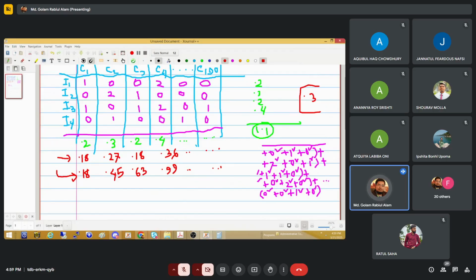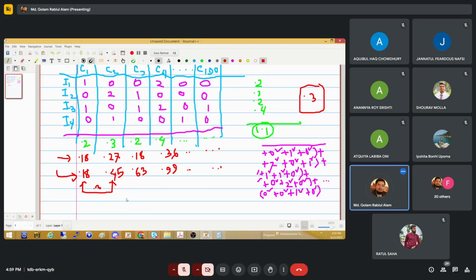Now we find the interval of this number: 0.3 will fall within these two values.